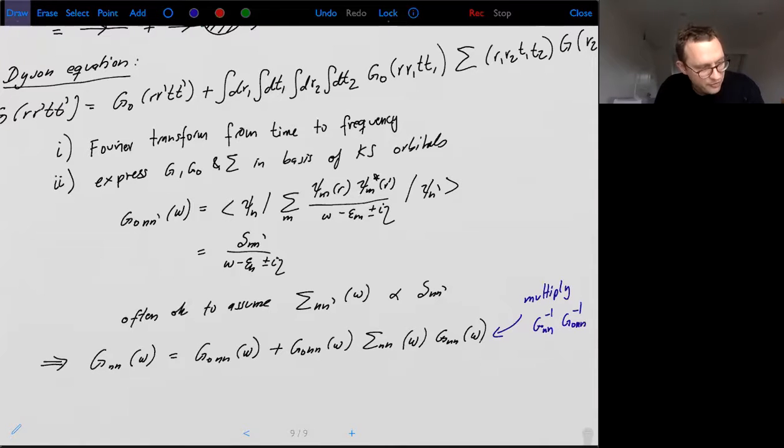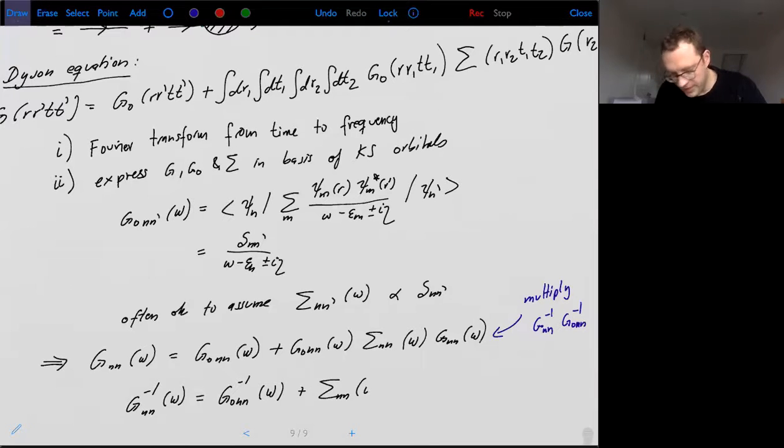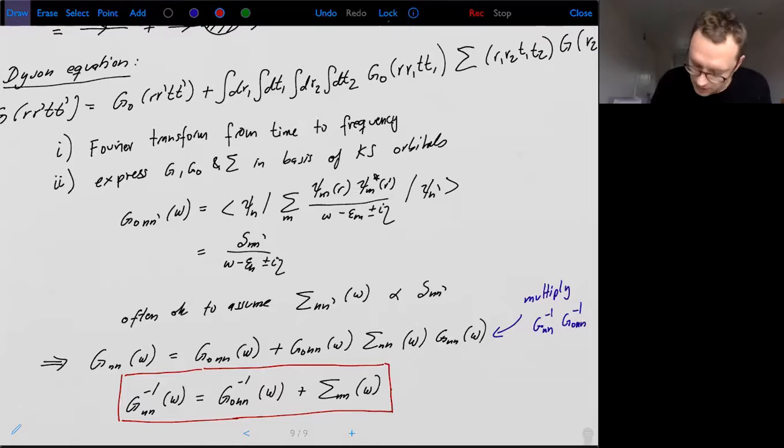Then we'll find our final expression, basically that the inverse of the interacting Green's function is given as the inverse of the non-interacting Green's function plus the matrix element of the self-energy, right? So this is our final equation. Again, it is based on the assumption that the self-energy is a diagonal matrix in the Kohn-Sham orbitals, but as I said, very often that is a pretty good approximation.